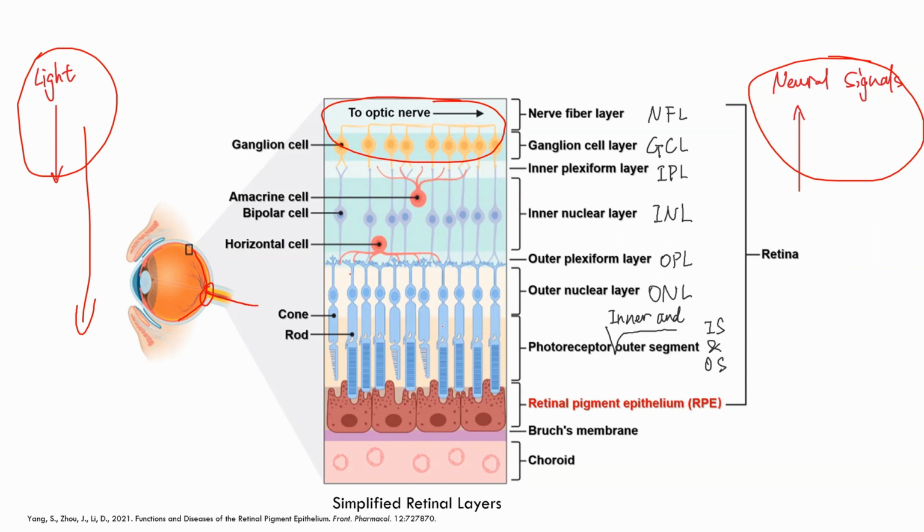Below the nerve fiber layer, the ganglion cell layer is basically made up of ganglion cell bodies. So you can see we have ganglion cells here. These cells are really just responsible for transmitting the signals to the brain through the nerve fibers that extend from the cell body, and receiving the signals from the cells that connect to them in the inner nuclear layer.